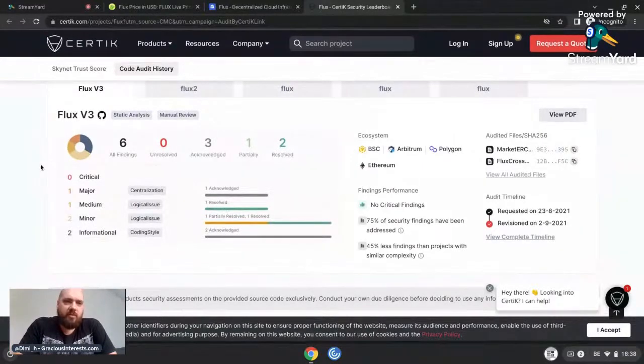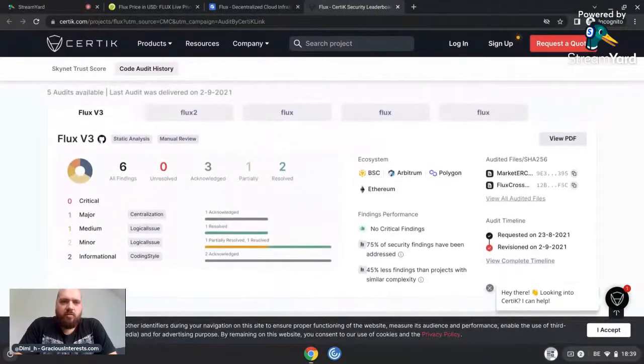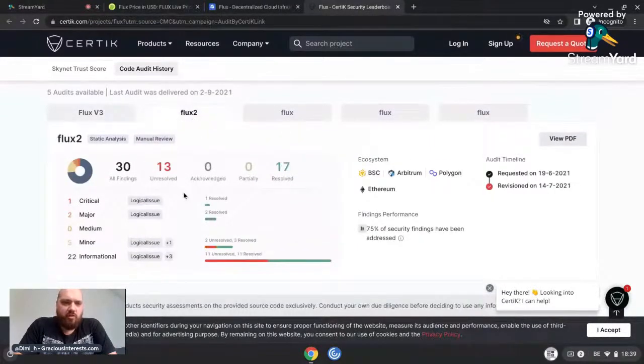And from what you can tell, Flux version 3, 0 critical errors, unacknowledged, resolved, minor, acknowledged, informational. So there seems to be no major flaw in the Flux tree.